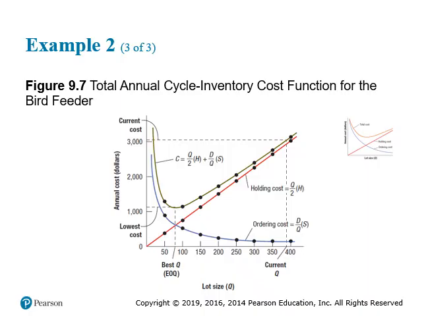We need to move back from 390 on that green line to the point where costs quit declining and start going up. If you remember your calculus, you could just take the derivative of the total cost function with respect to Q, set that equal to 0, and solve, and that would give you the quantity on the horizontal axis that minimizes total cost, which is on your vertical axis.